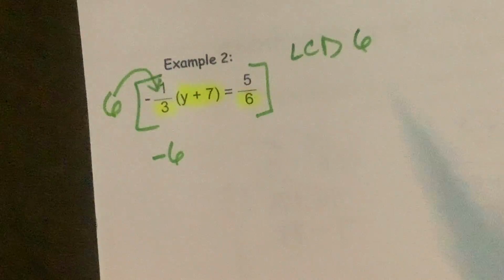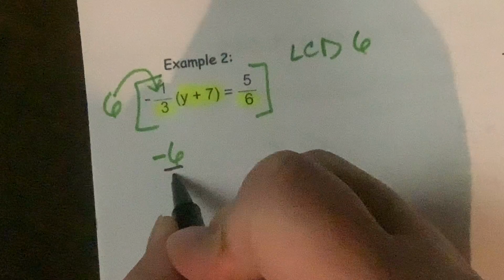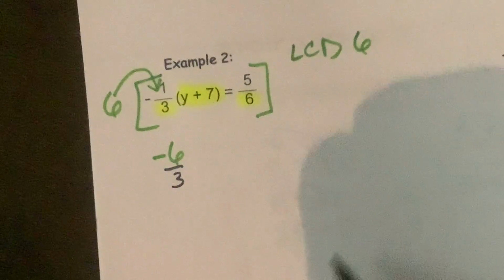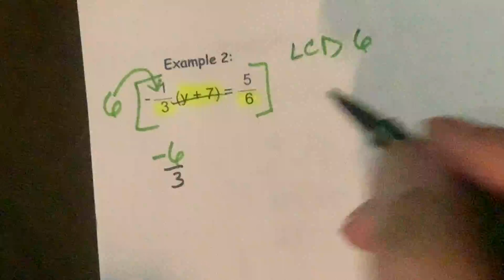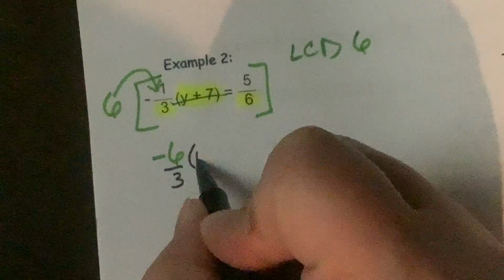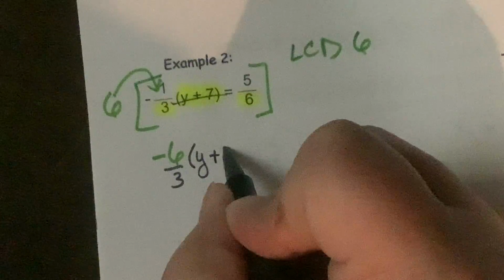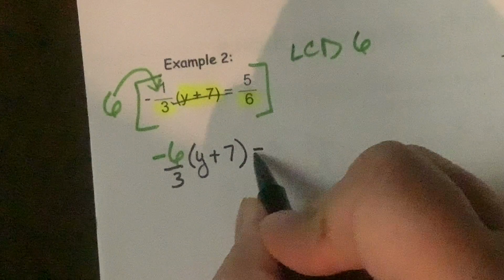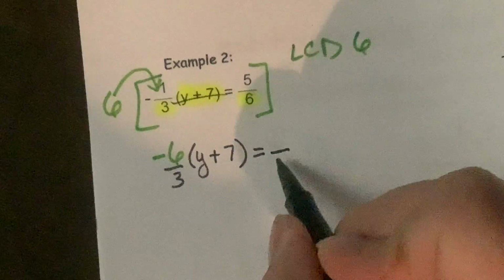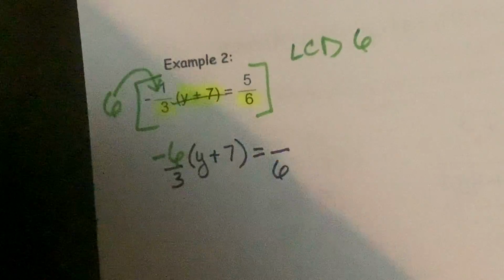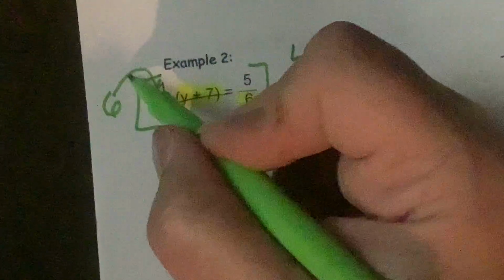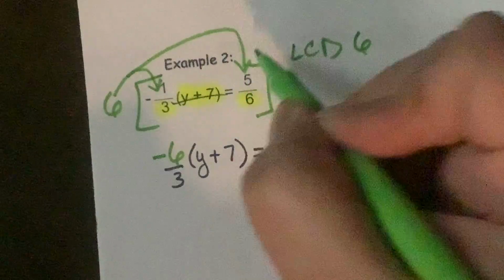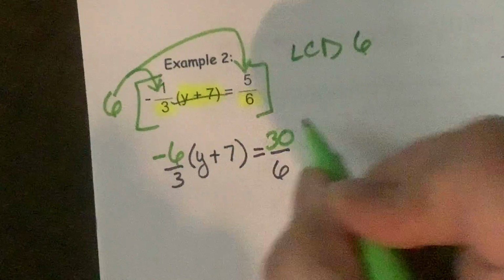And the denominator, 3, stays the same. And so does that, y plus 7. And equals, and that denominator is going to stay down there, 6. So all I have left to do is multiply 6 times 5, which is 30.